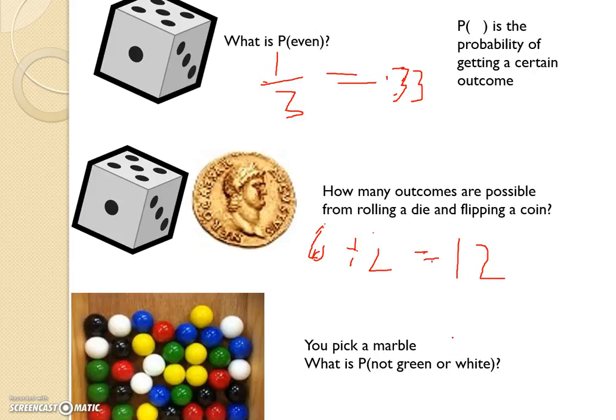And then here is the probability of a marble being not green or white, which is 23 over 35 equals 0.66.